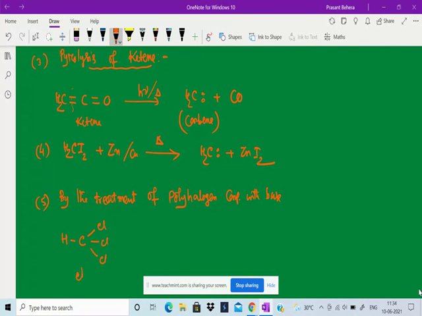The name of the compound is chloroform. When chloroform is treated with a strong base, suppose sodium hydroxide, OH minus, then what will happen? The base abstracts the acidic hydrogen. This hydrogen is acidic. The acidic hydrogen is removed, and this pair of electrons is taken by the carbon.